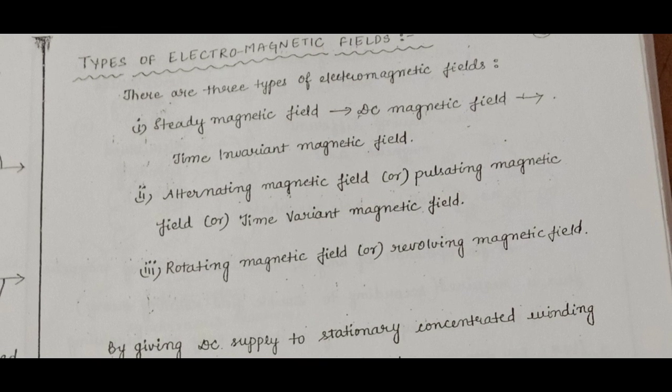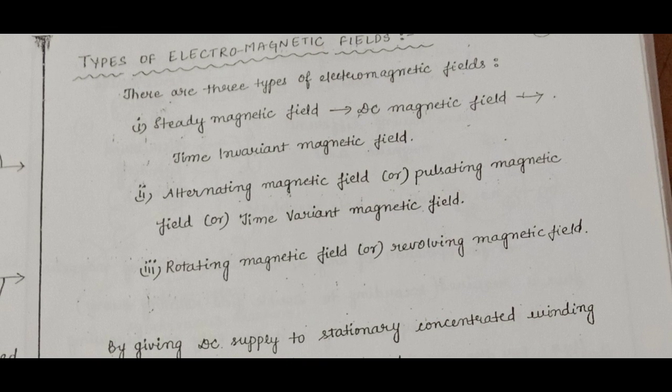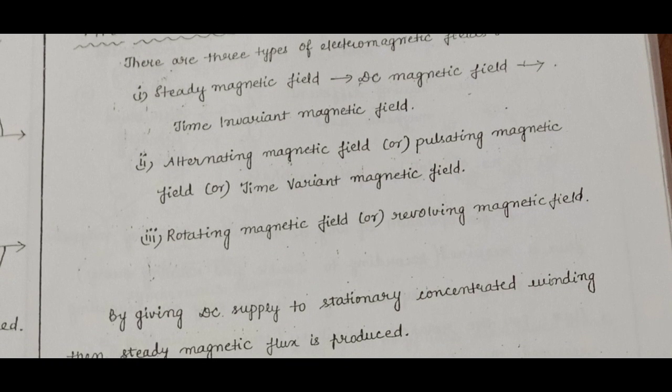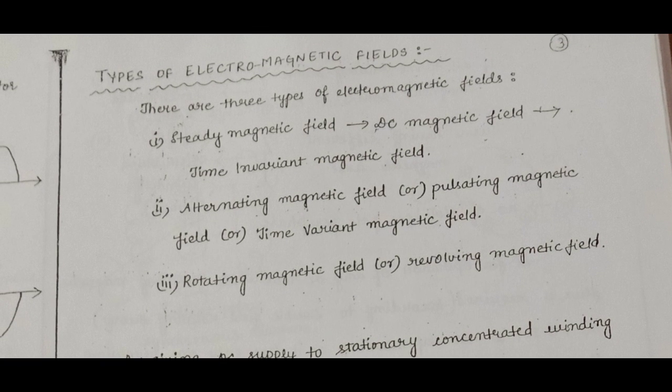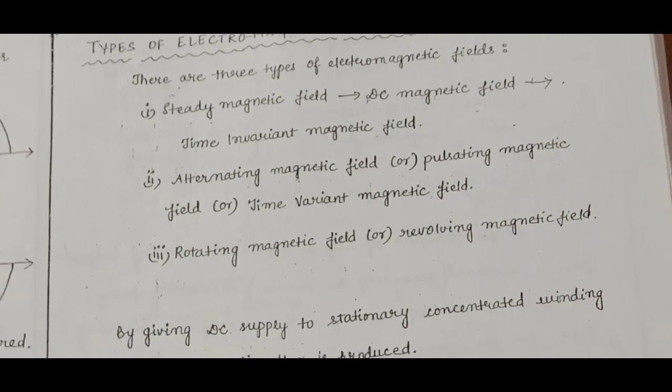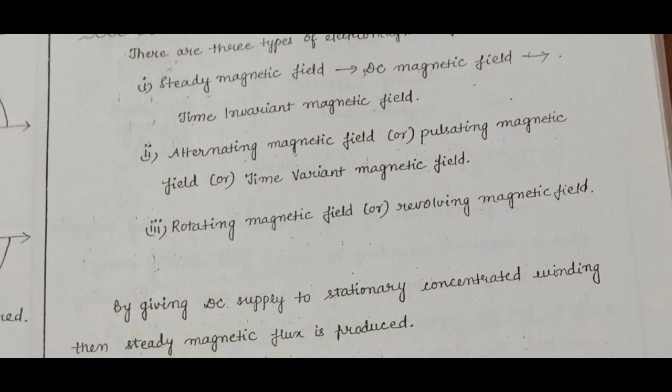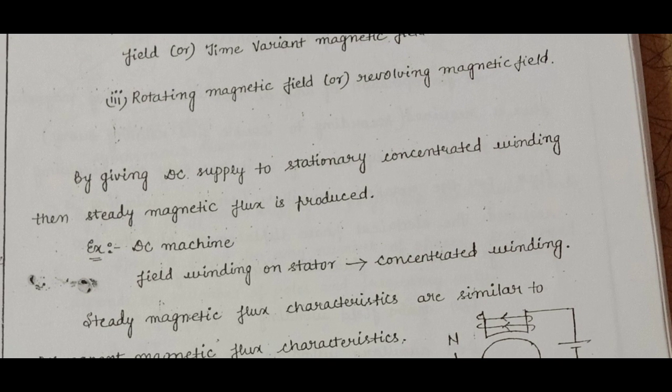And rotating magnetic field: in a homopolar structure, this magnetic field will be rotated in the stator core and air gap also. So the steady magnetic field is used in DC machines. Alternating magnetic field is used in single phase induction machines, and rotating magnetic field is used in three phase induction machines and synchronous machines.